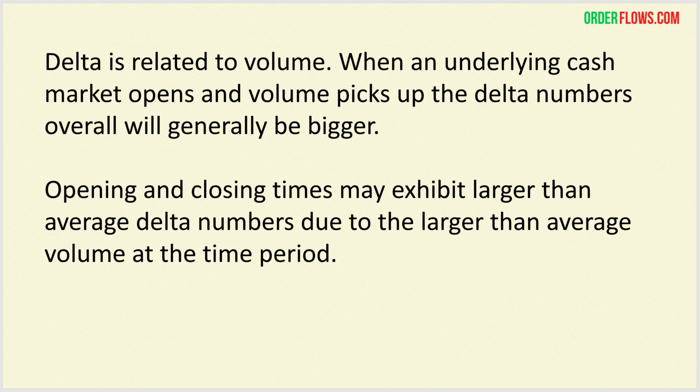So for E-minis, prior to 8:30 Chicago time, volume is lighter, whereas after 8:30 volume is heavier, so you're going to generally get stronger overall volume numbers. Not necessarily every single number is going to be maddeningly strong.